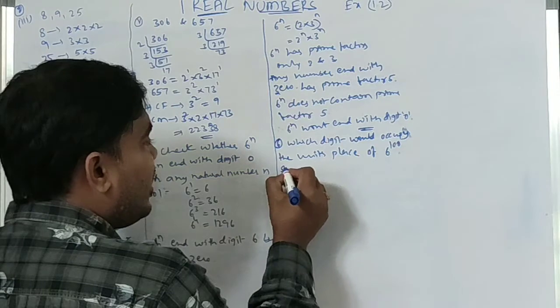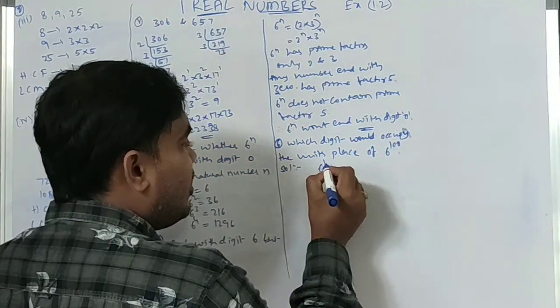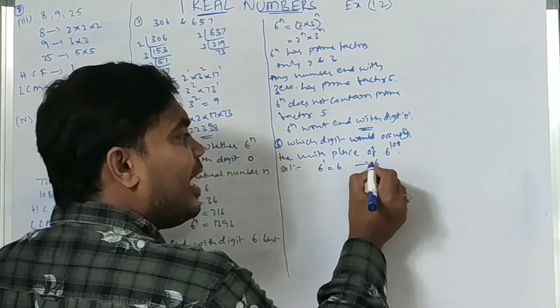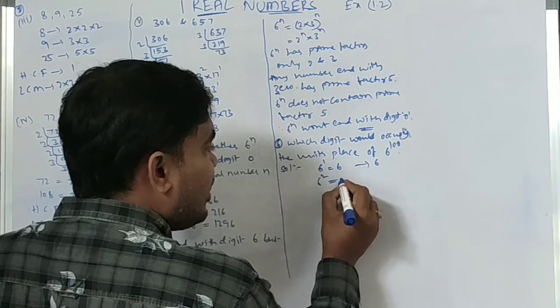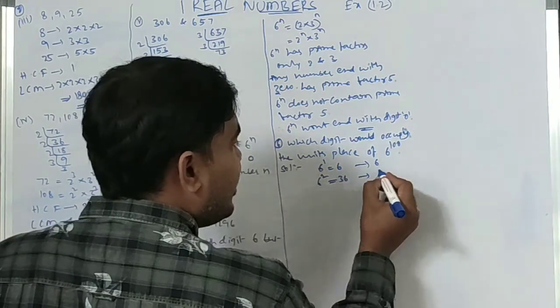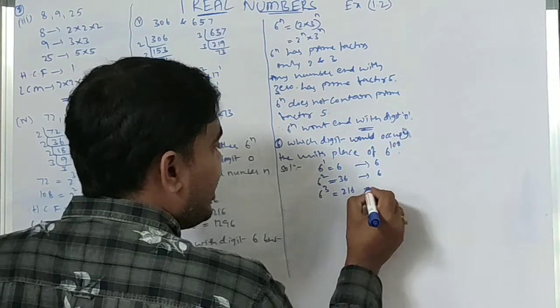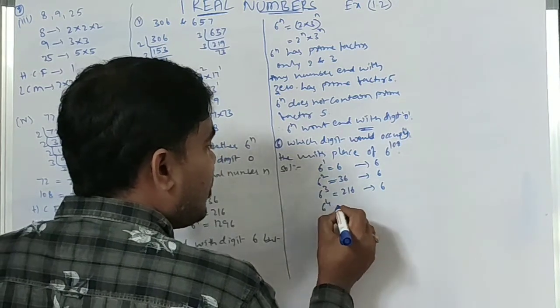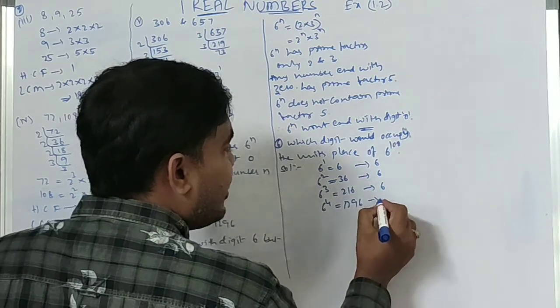Okay, so we are taking 6 power 1 equal to 6, end digit 6. 6 power 2 is 36, so end digit 6. 6 power 3 is 216, end digit 6. 6 power 4 is 1296, end digit 6.